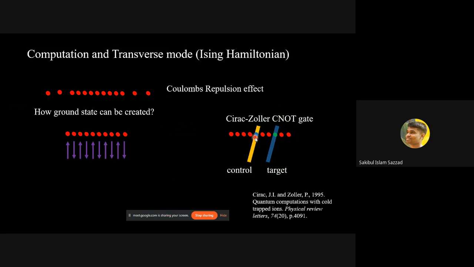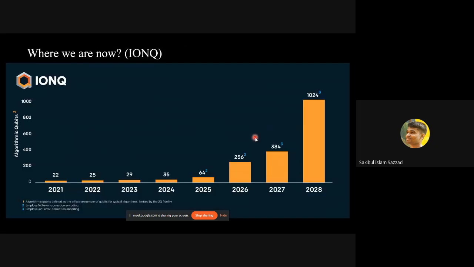Okay, and yeah, these are some business things actually. This is the position about IonQ, and IonQ currently has, I think, 64 qubits, and they were supposed to do it in 2025, but they already had 64 qubits.